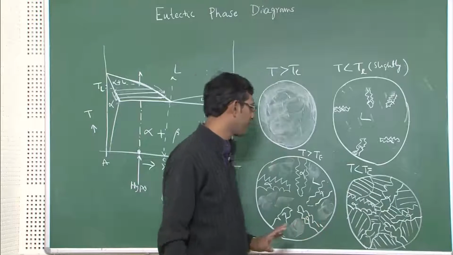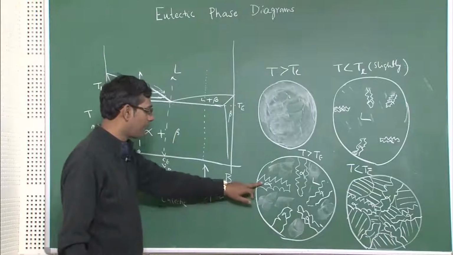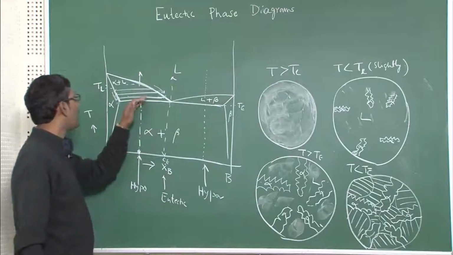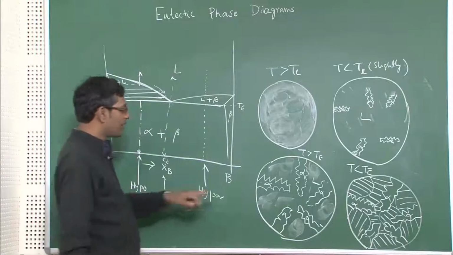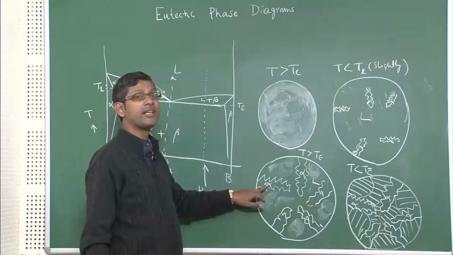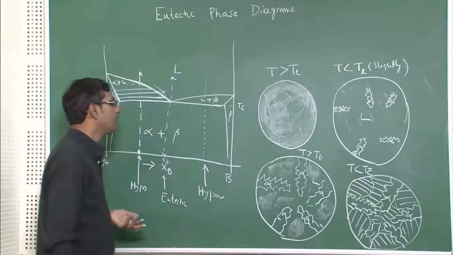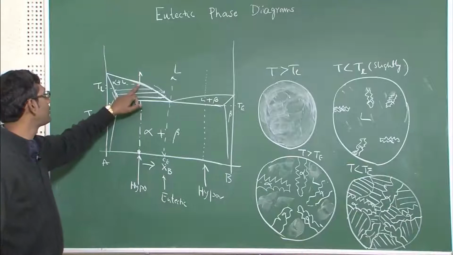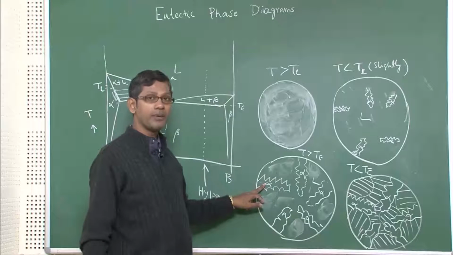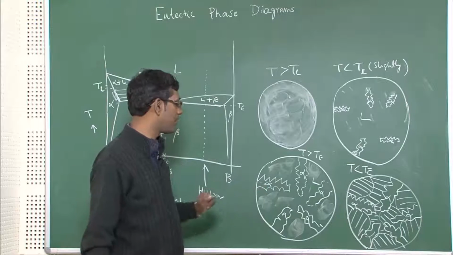Let me also tell you this alpha, which forms in a dendritic way above the eutectic temperature, is known as primary alpha, remember that, or pro-eutectic alpha. Pro means before. So, this alpha which forms above the eutectic temperature in a dendritic manner in the liquid is known as primary or pro-eutectic alpha. Please do not forget that.